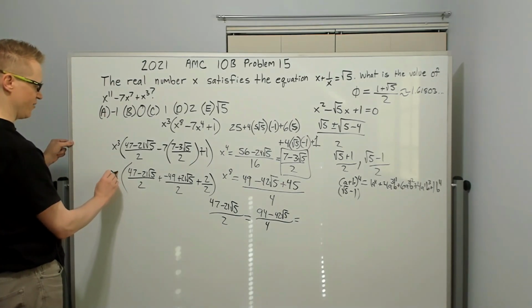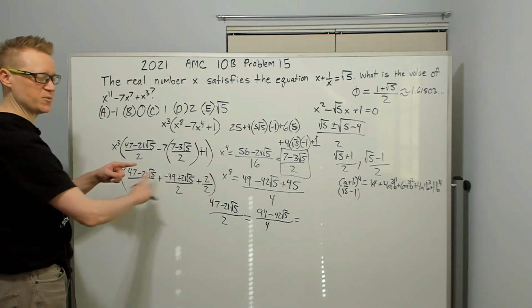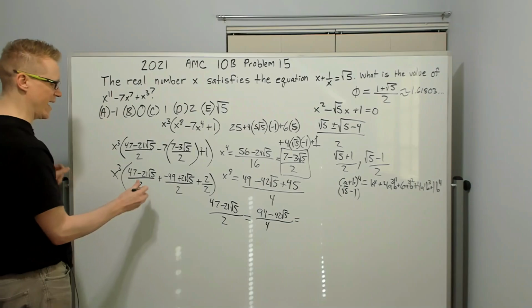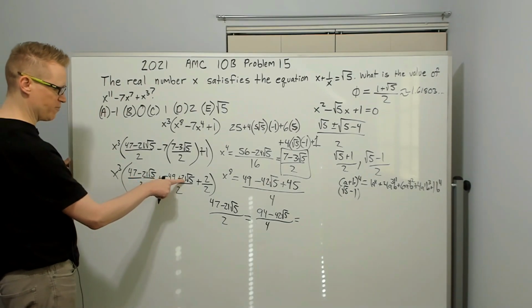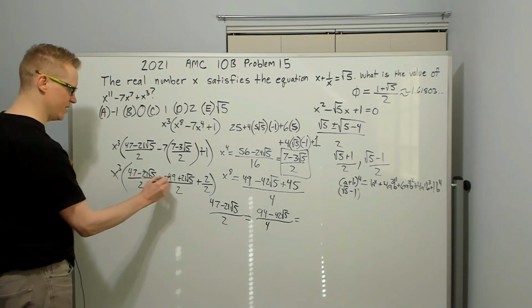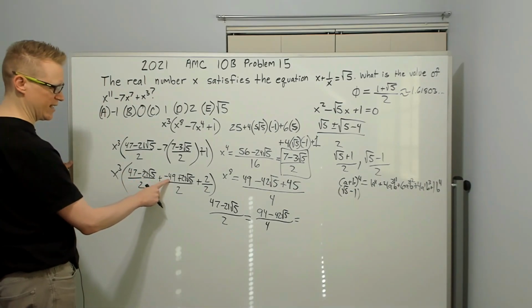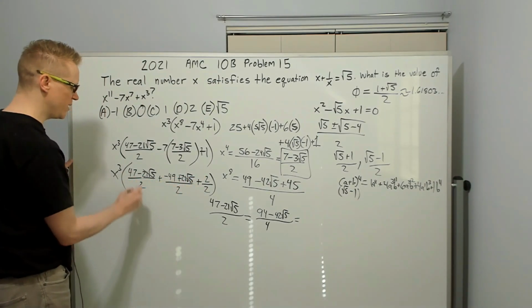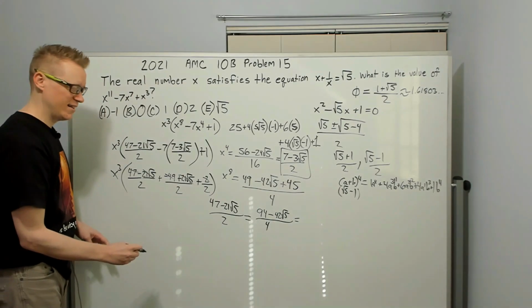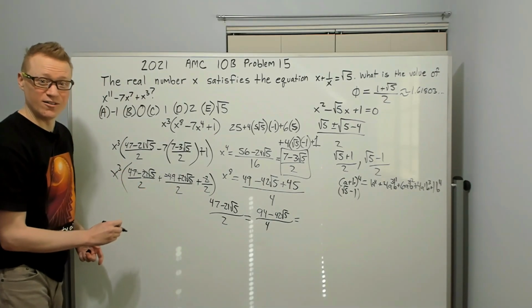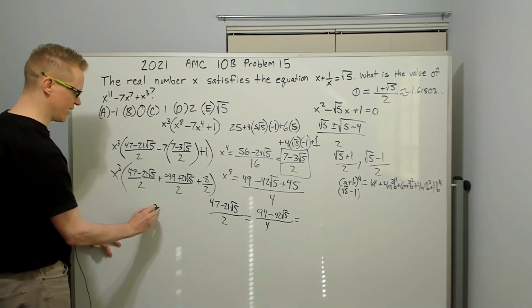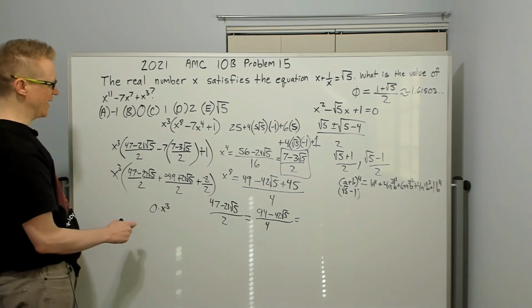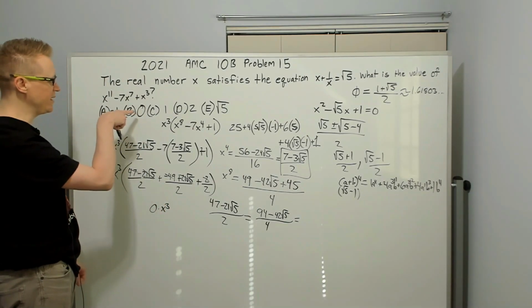Now we've got everything in terms of over 2, which means we can just combine like terms. Let's get to that. Negative 21 root 5, positive 21 root 5, goodbye. 47 minus 49, negative 2 plus 2. Wait a minute, but that would mean that's 0. Yes, it is. And 0 times x cubed, regardless of what x cubed is, will be 0.